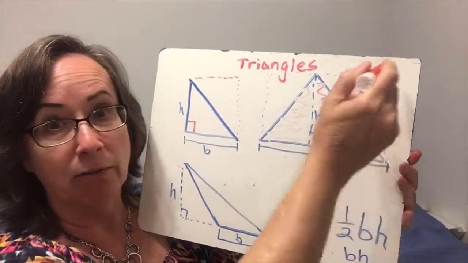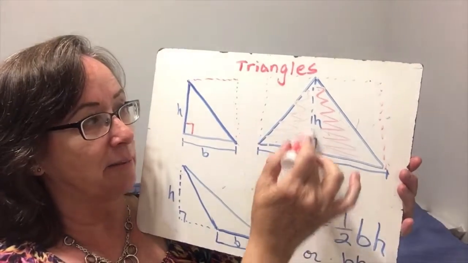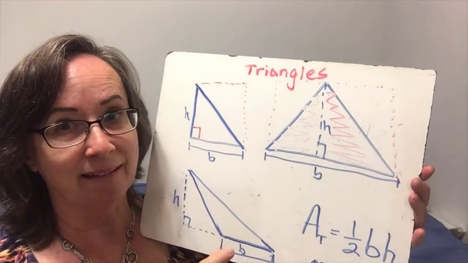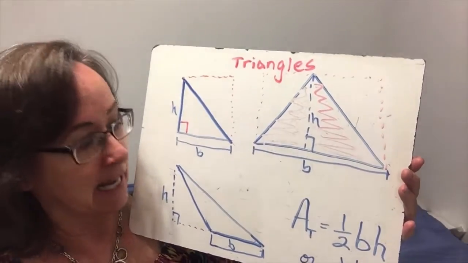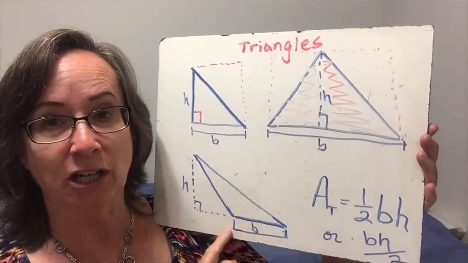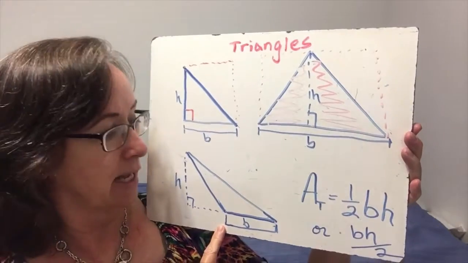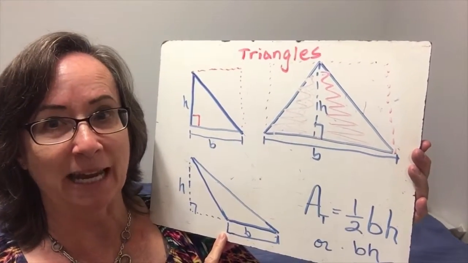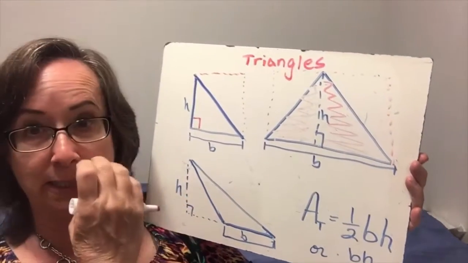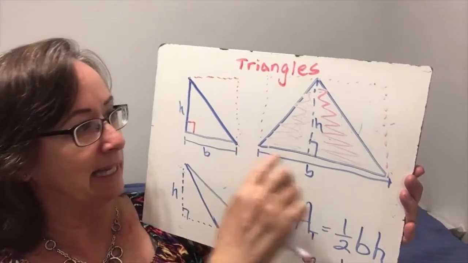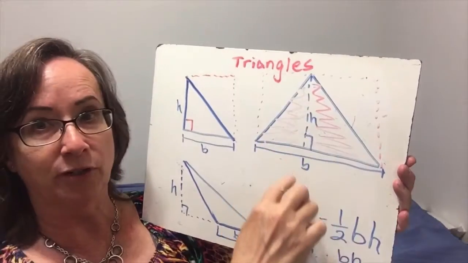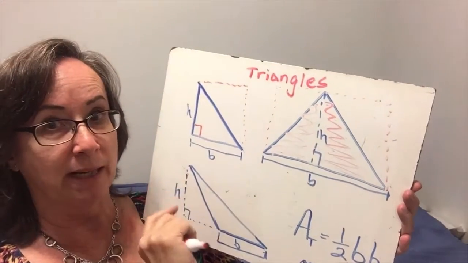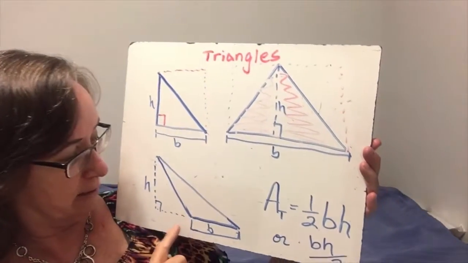Well, the area of the big rectangle is base times height, so the area of the triangle is half of that. Now it's a little bit harder to visualize this kind of rectangle, so I'm not going to try to show that to you, but it follows the same rule. This one does not have a height that we can see. Like this one, we could draw a vertical height up from the base, and here we could see one because it was drawn in the original triangle.